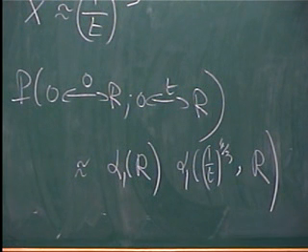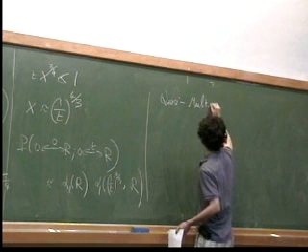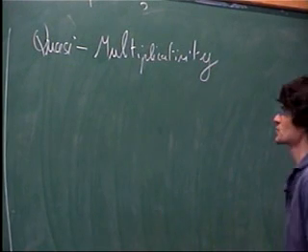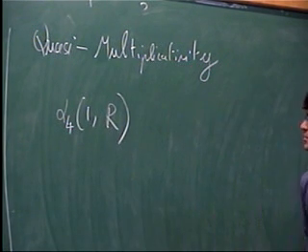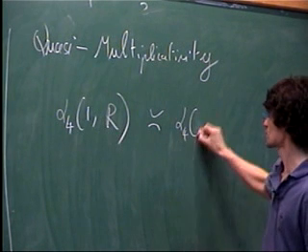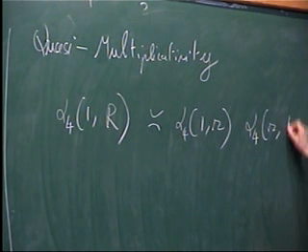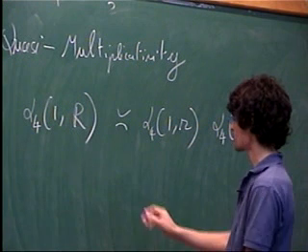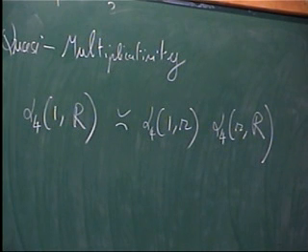Yes, so I will remind, actually, the statement here is simpler than for the four arms, but basically quasi-multiplicativity tells you that the probability to have 4 arms between distance 1 and R is, up to constant, the probability to go from 1 to some intermediate radius, and you can choose whatever radius, and then to go from little r to big R. And this you prove by saying that typically arms are well separated, so you can glue scales together.